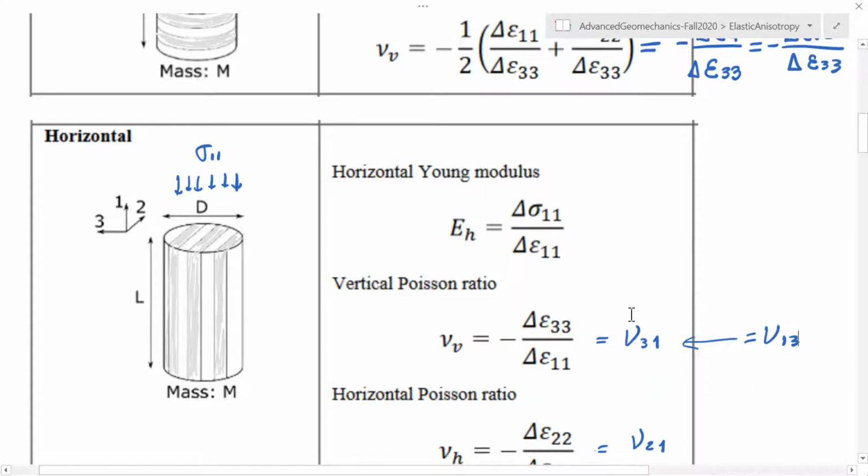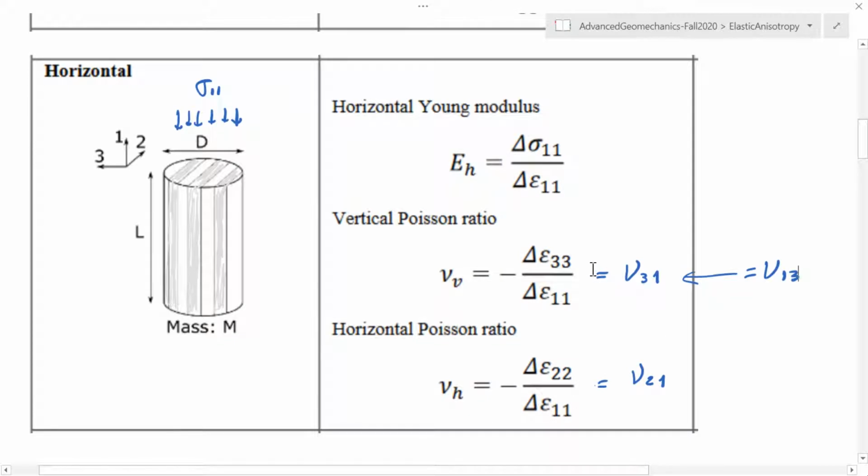It should be the same as the one we measured before. So we just added two new coefficients to our equations, the horizontal Young modulus and here the horizontal Poisson ratio, which links expansion in direction 2 with respect to 1. And it will be the same as the one you would expect for an expansion in direction 1 due to a load in direction number 2.